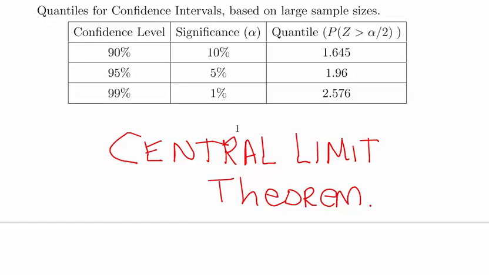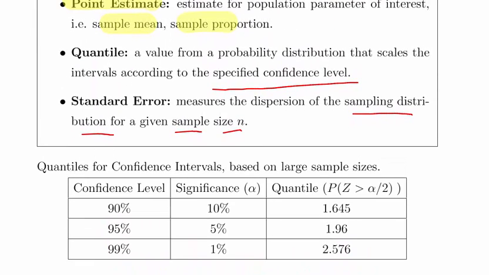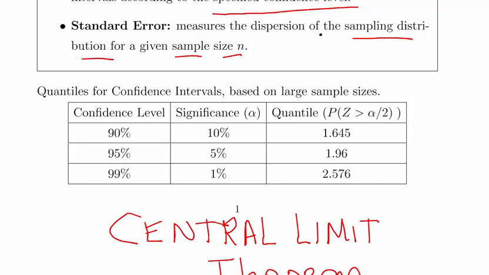Now it also helps to point out that this is particularly for the case of large samples. So I have little tables here, and I just realized that this bit is wrong. It's alpha: the probability of z greater than the quantile is alpha over 2. So I just messed that up there.